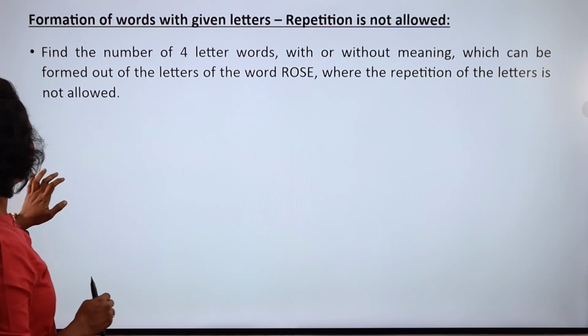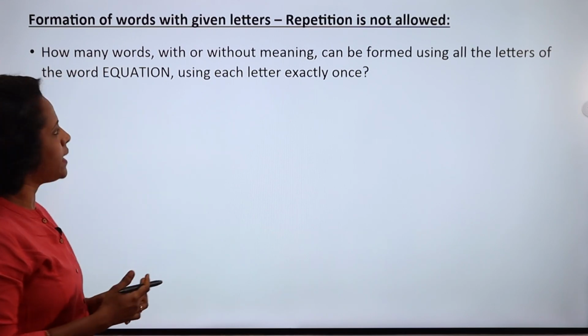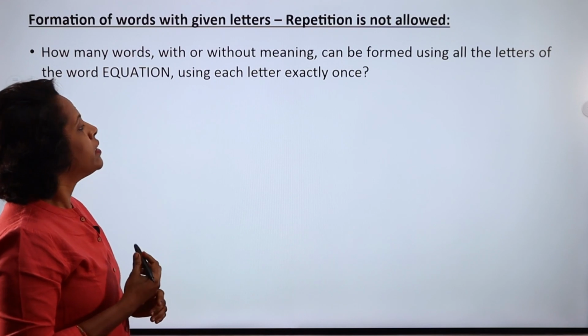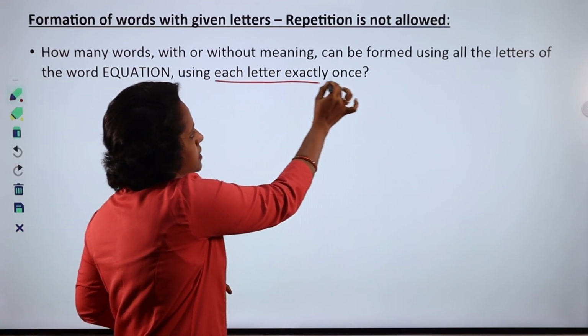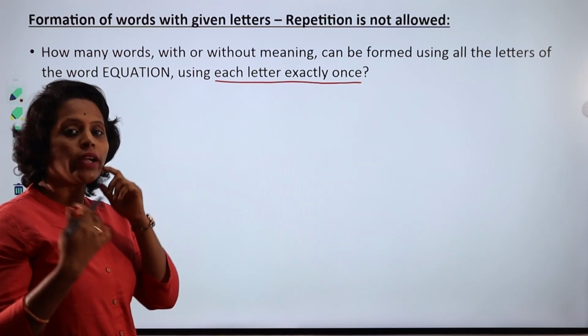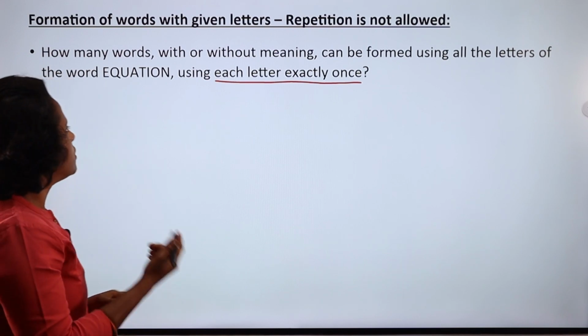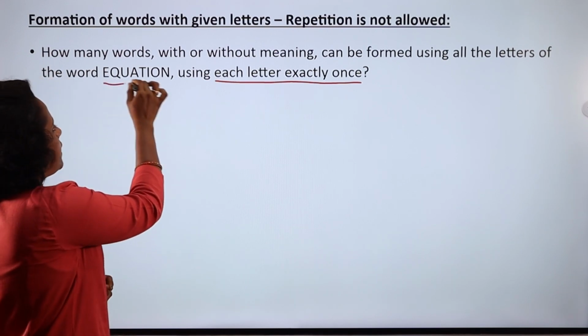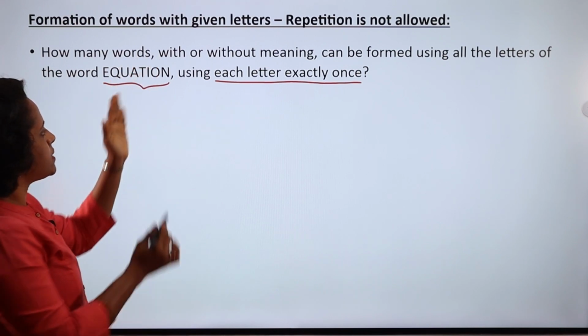The next question. How many words with or without meaning can be formed using all the letters of the word equation? Using each letter exactly once. See, here the keywords are each letter exactly once. Means you are going to use a letter only once. That is, repetition is not allowed. So, how many letters do we have in the word equation? 1, 2, 3, 4, 5, 6, 7, 8.